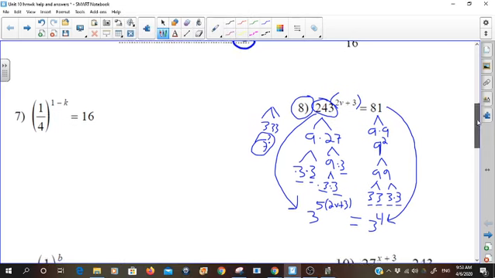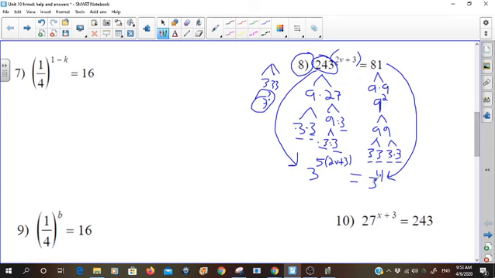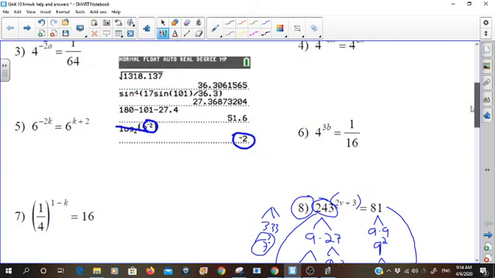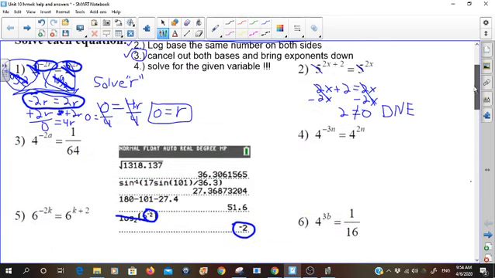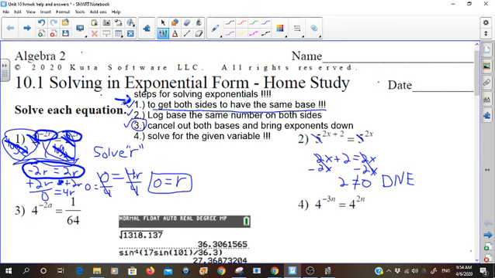So now we have our problem. So now we've broken it down into something we can handle and deal with. And so now, again, we're just going to cancel out those bases, so we got number 1 done. And then number 2, log base the same number on both sides.